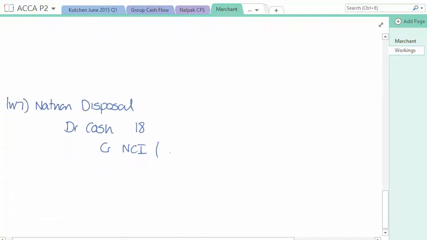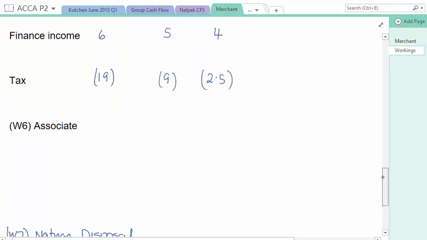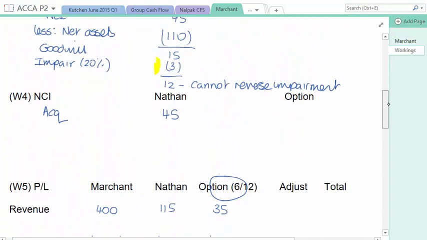So what I'm going to say here is that the NCI are going to get their share of that 134 million, but because we're using the fair value method, we must also take into consideration their share of goodwill. And goodwill is 12 million.